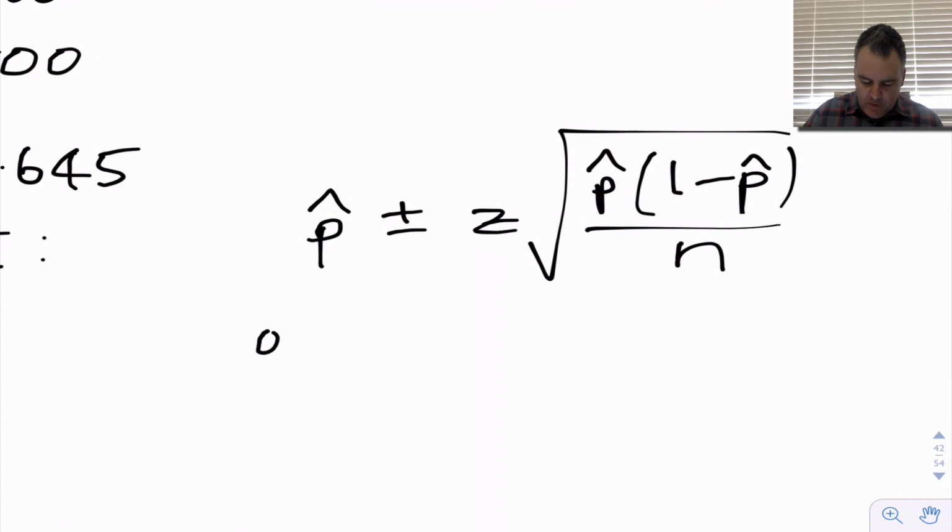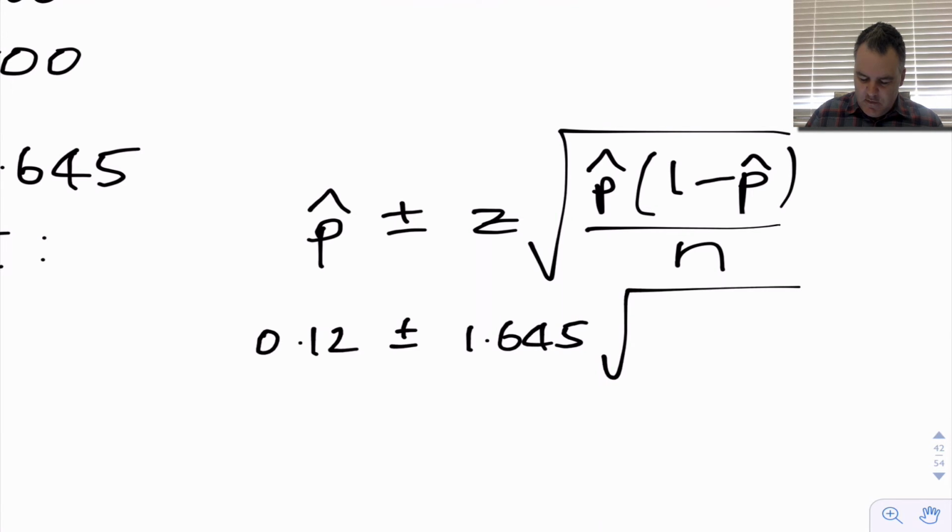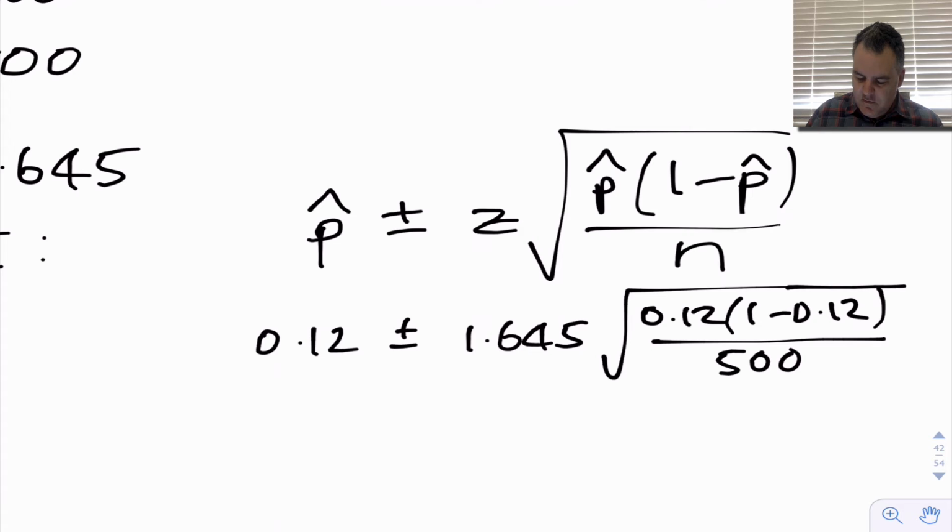So 0.12 plus or minus 1.645 times the square root of 0.12 times 1 minus 0.12 over 500. I always put this step in here where you actually work out that thing on the end.